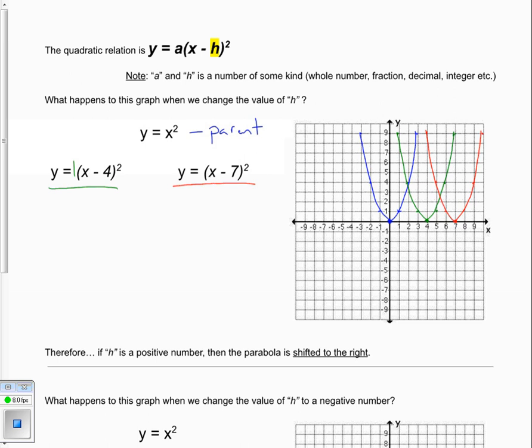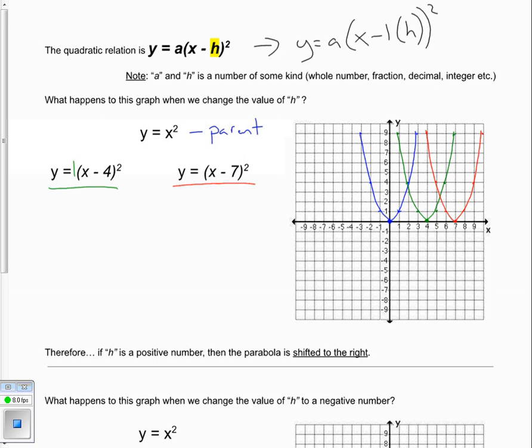Well, because in the form of the parabola, this is actually the same as saying y is equal to a times x minus 1 times h, whatever h happens to be, all squared. So if h is a positive number, then negative 1 times a positive number makes a negative number. If h is a negative number, then it becomes positive.